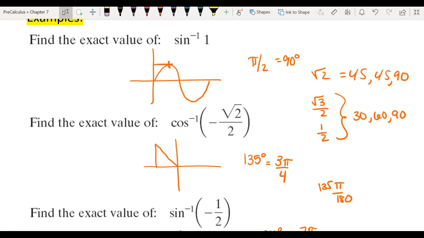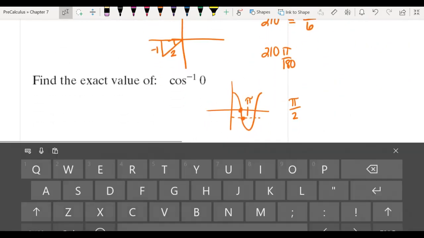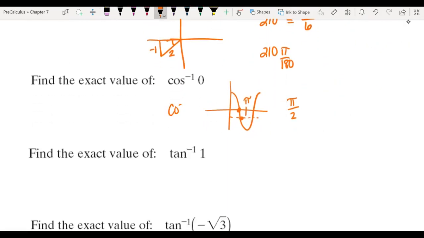So for example, if you wanted cosine of 0, cosine is 0 means your x is 0, so your answer would be 1. Cosine inverse equals 0 means your y is 0. Well, y is 0 here. That helps? Good question, Seth.